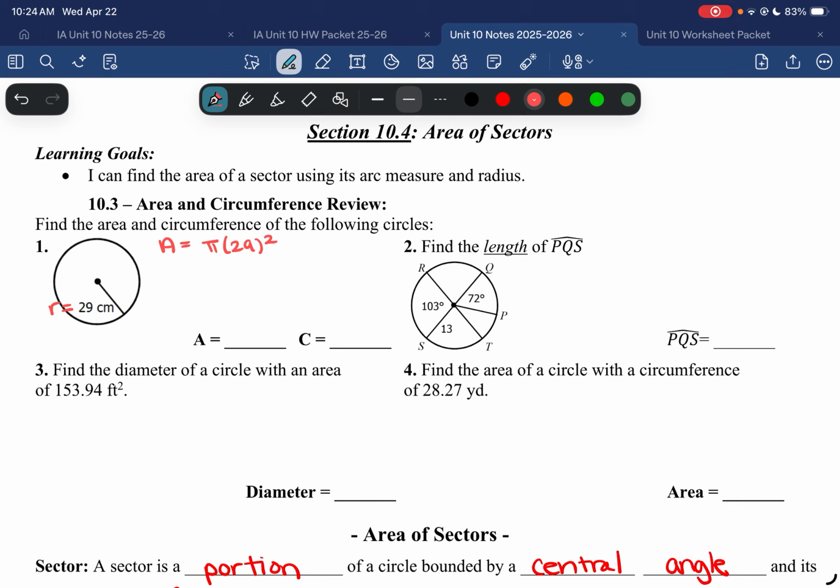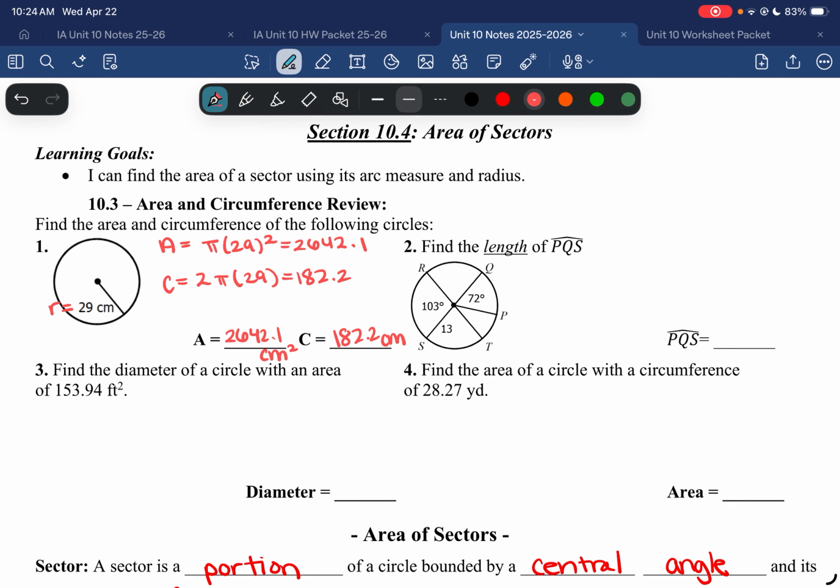I got 2,642.1, and that's centimeters squared. And then circumference is 2 pi r, so 2 pi times our r, which is 29, which is 182.2 centimeters.